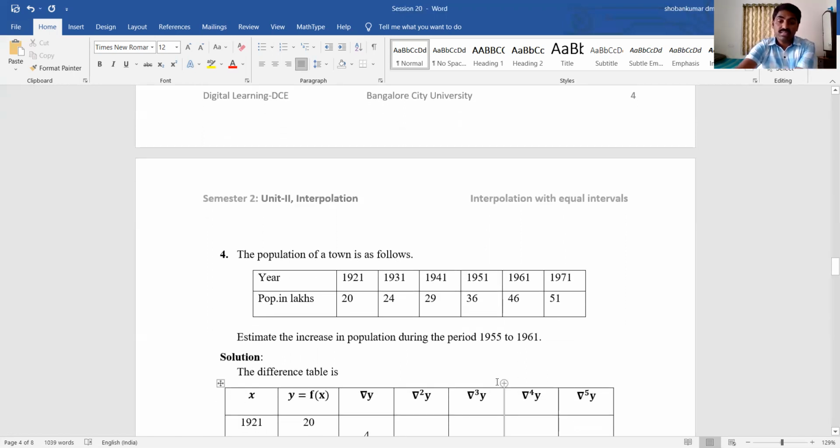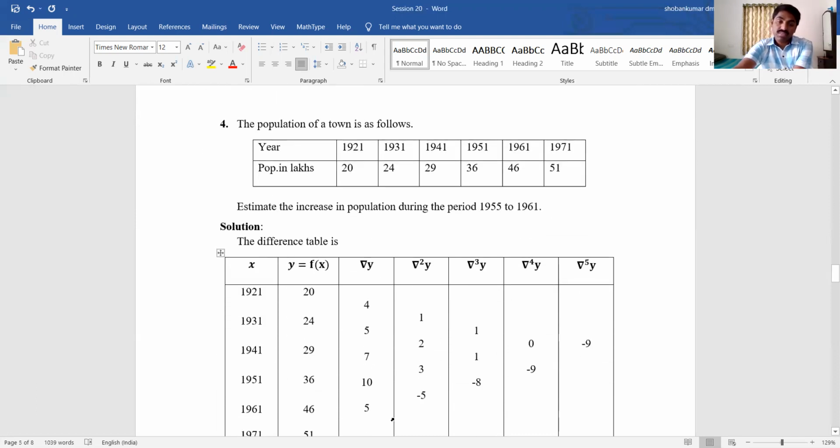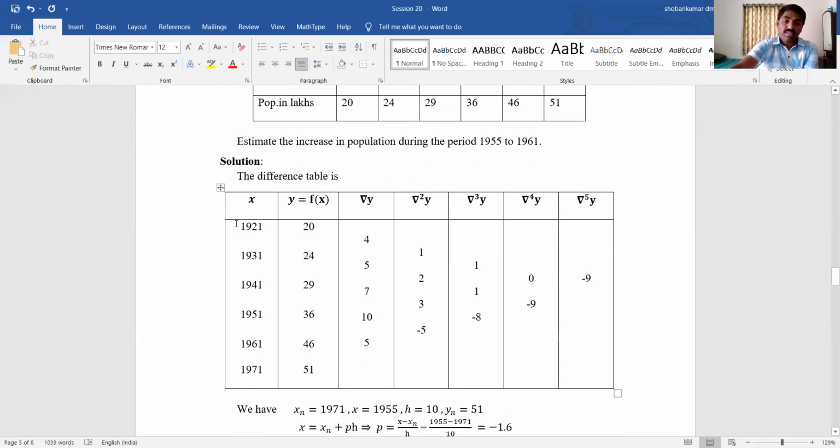Here, how much population increase between 1955 to 1961? Here, the years 1955 and 1961 are very close to end of the interval. Therefore, here we have to use Newton's backward interpolation formula. First, construct the difference table, backward difference table. Here x are 1921, 1931, 1941, 1951, 1961, 1971, and given values of y, corresponding population 20 lakhs, 24 lakhs, 29 lakhs, and so on 51 lakhs.